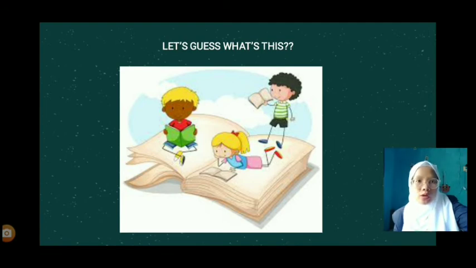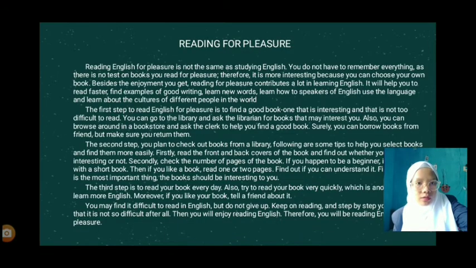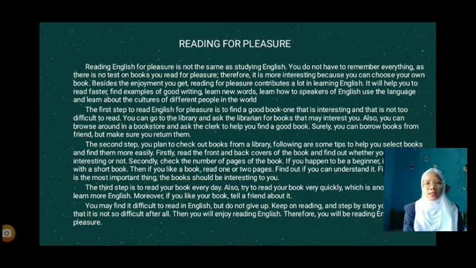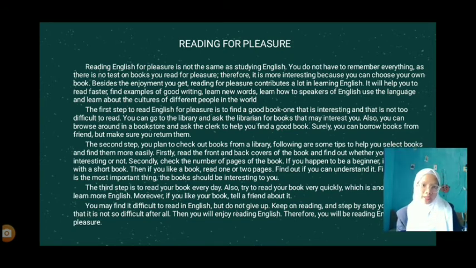What does it tell about? This is reading for pleasure. So I thought all of you are not interested in reading. Am I right? Okay.